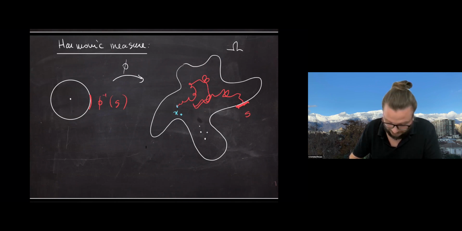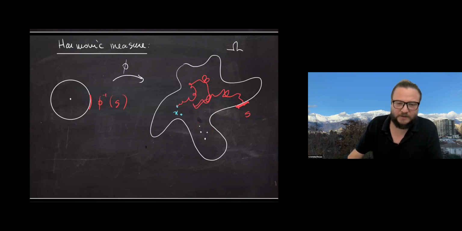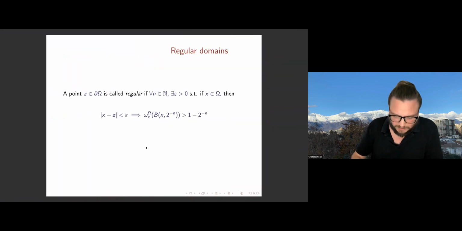And in order to get a connection between harmonic measure and the Dirichlet problem, we cannot allow this dust to sit there. So that is why there is this notion of regular points.